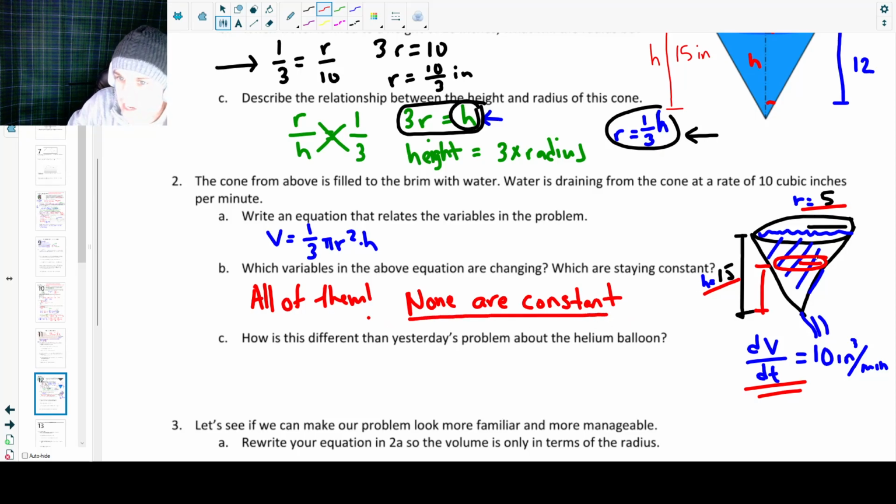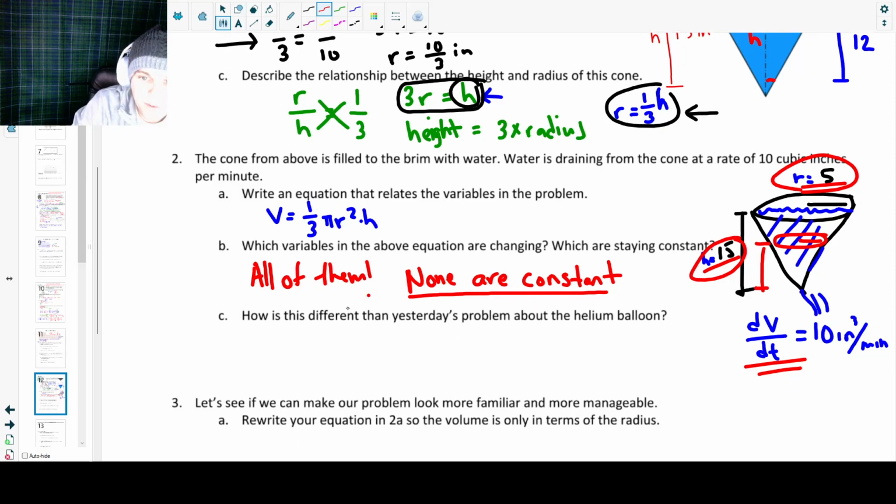This idea that none are constant, because these numbers aren't really changing, the height and the radius of our original cone, but that's not really what we're looking at. In this scenario, what we're really looking at is the cone that's created by the water. And as that water level lowers down, as more of it flows out, that cone is changing, all aspects of it, including the radius and the height and the volume.